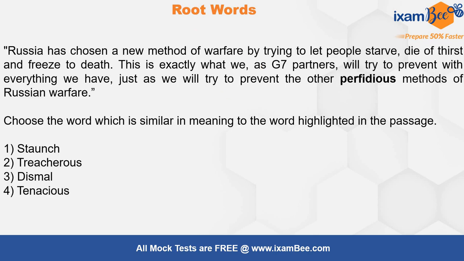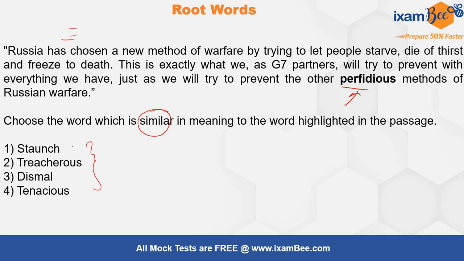We'll see that. Suppose you are given a long passage, a very big passage, and there is a sentence which uses perfidious. You have to choose a word from the given options which has a meaning similar to the word perfidious. The options here say staunch.